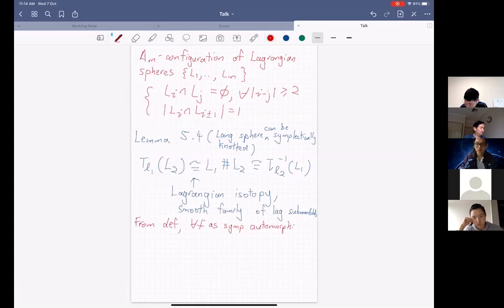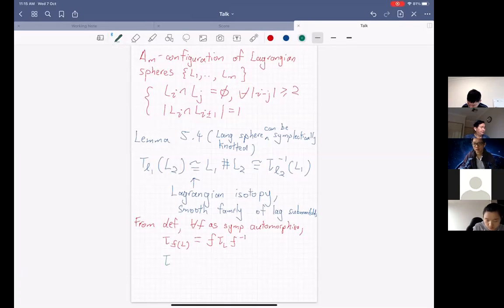Automorphism. You have this property here. So F L equals F T_L F inverse, and then you can see that you have this... sorry, let me write it properly.